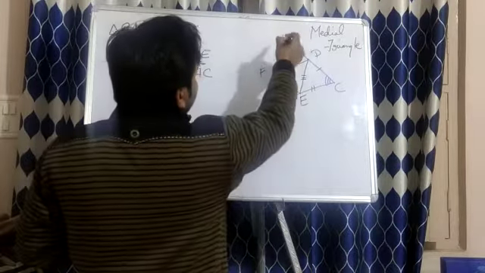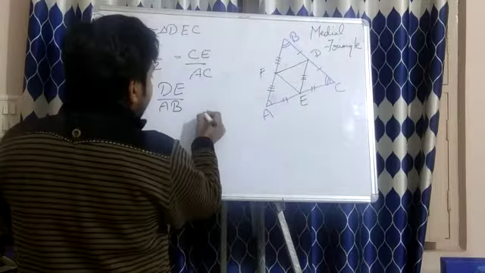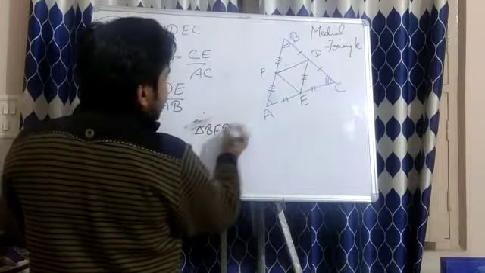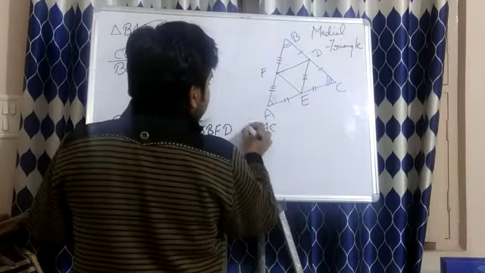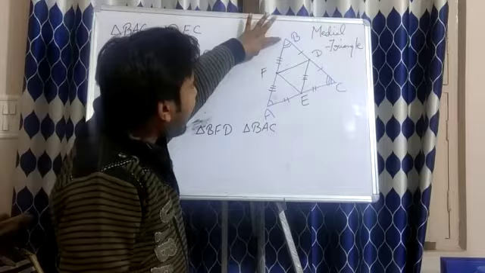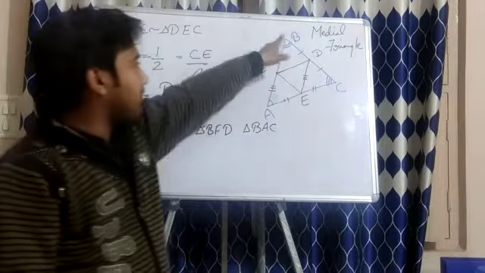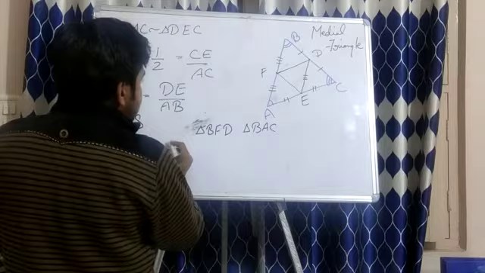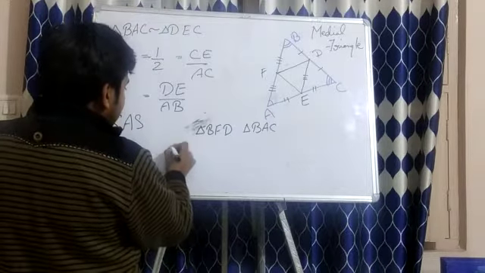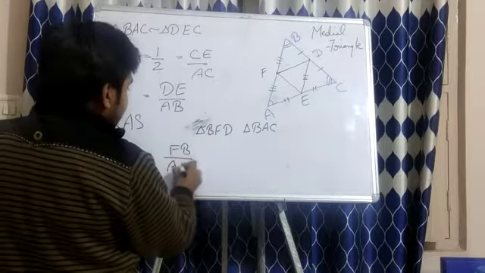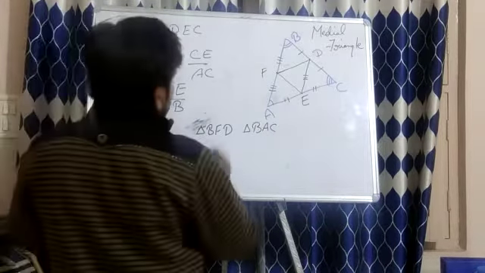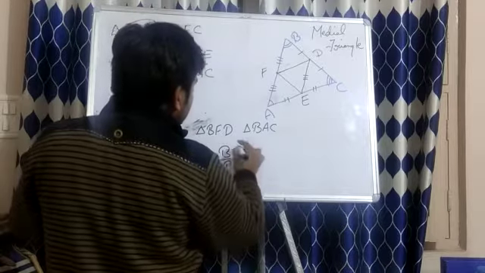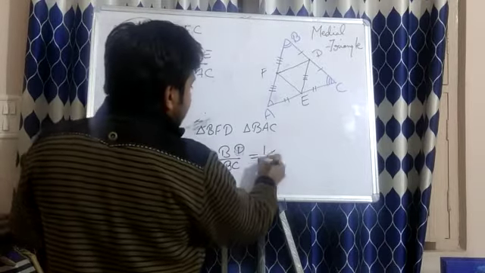Now if you look at triangle BFD and triangle BAC, by invoking the same principle, the common angle in these two triangles is B. So angle B is common, and FB upon AB is equal to BD upon BC, which is equal to half.